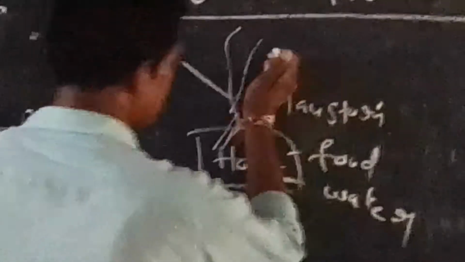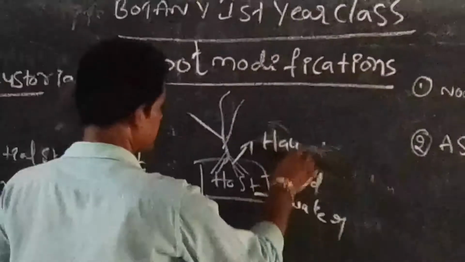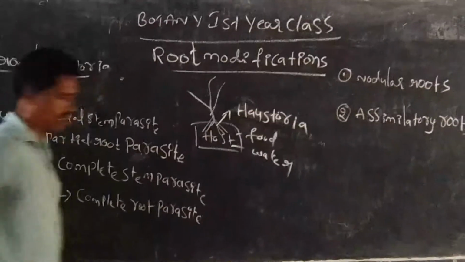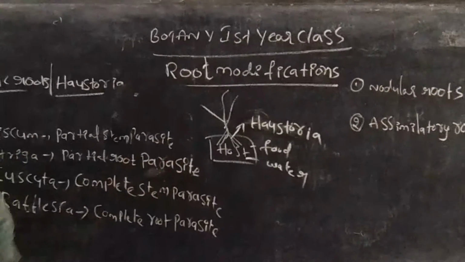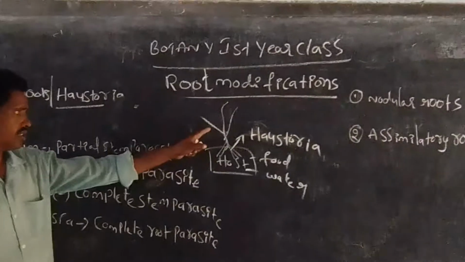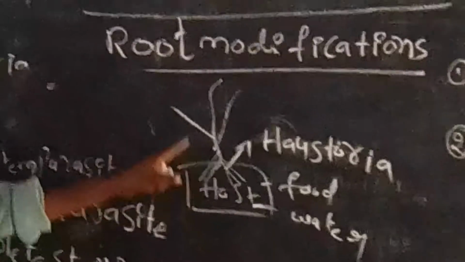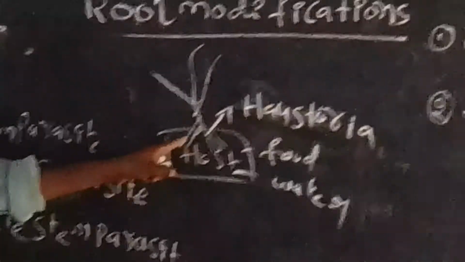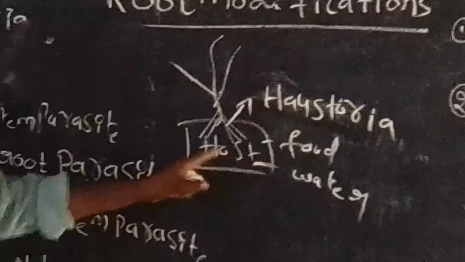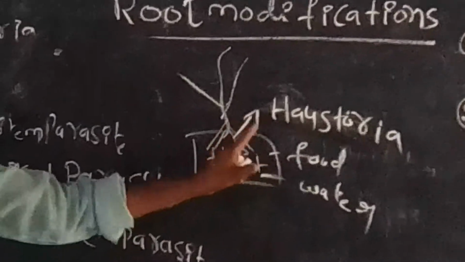Haustoria means the special roots developed from the parasite into the host body.